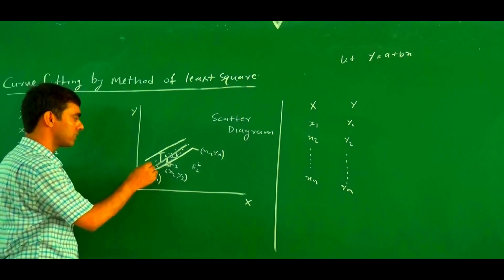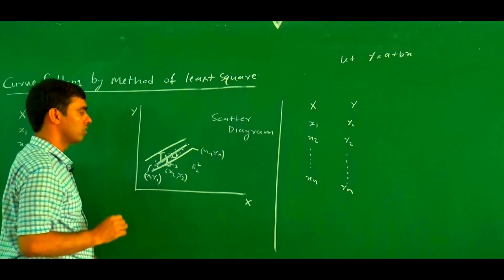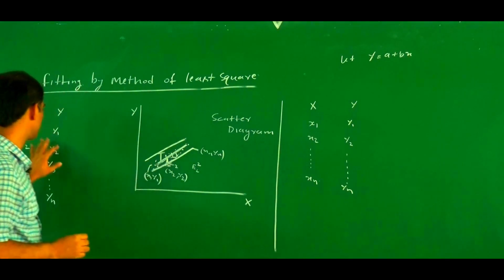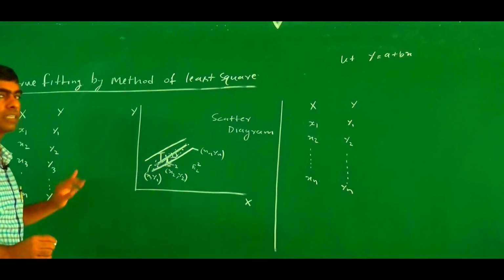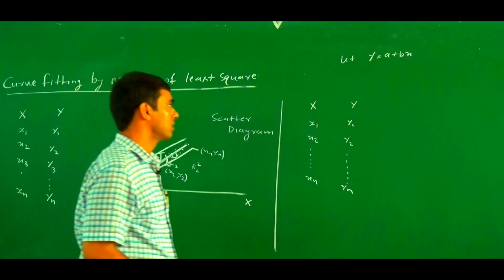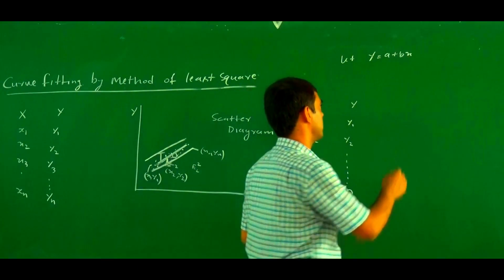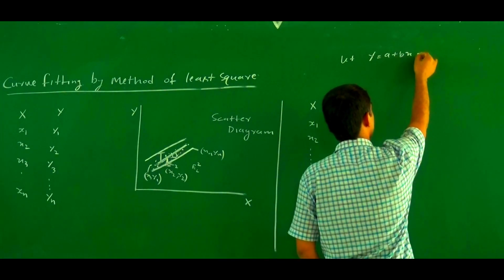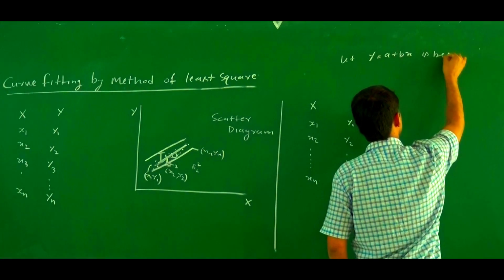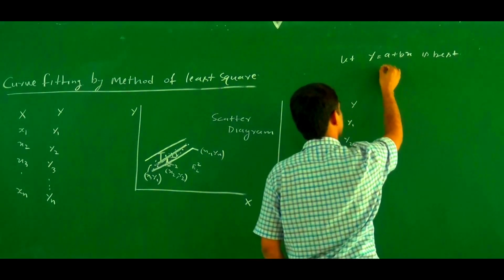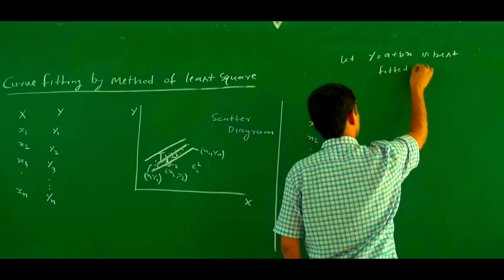We try to find such a straight line whose squared differences from all the data are minimum. Suppose that the best fitted straight line is y equals a plus bx.